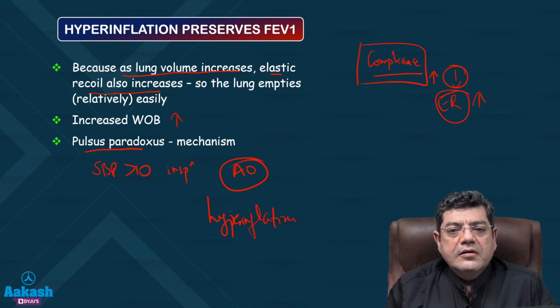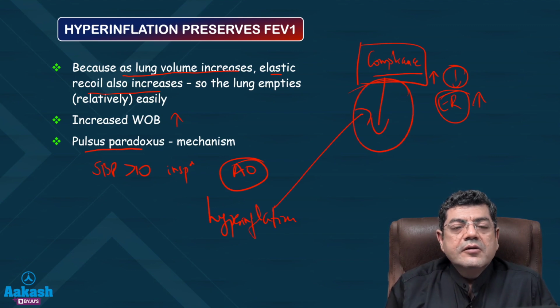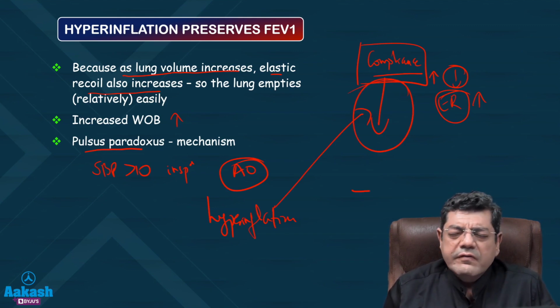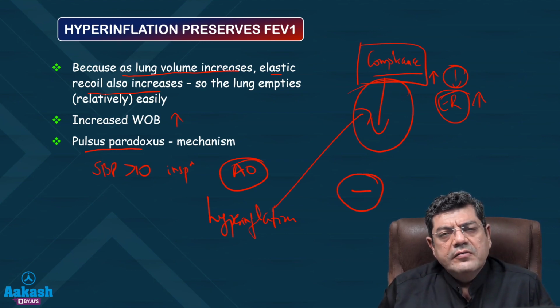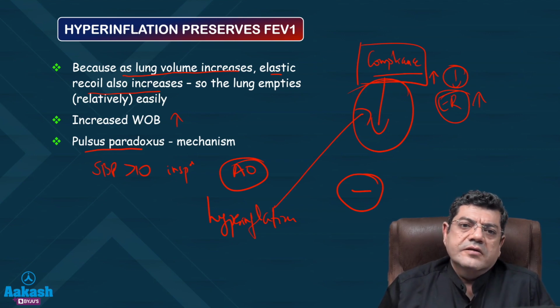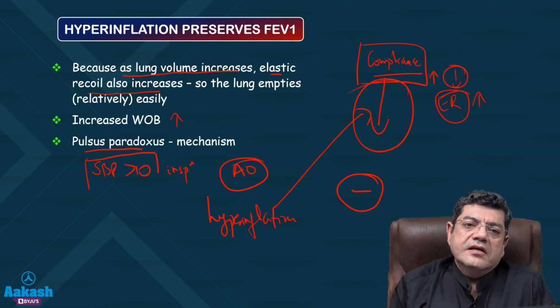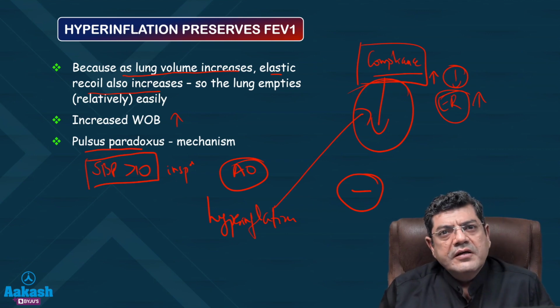Hyperinflation implies that the compliance is reduced. Poorly compliant lung: how do you inflate it? You have to generate a very highly negative intrathoracic pressure for a tidal breath to come in. That highly negative intrathoracic pressure manifests as an exaggerated fall in systolic BP.